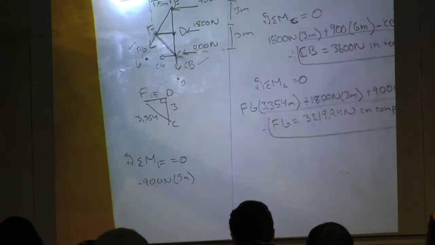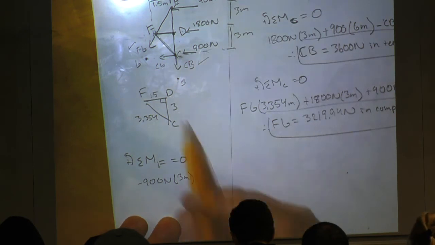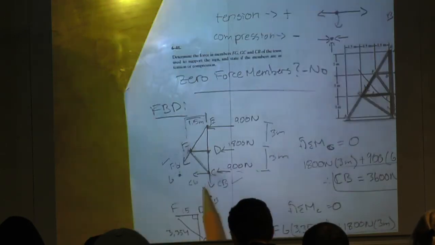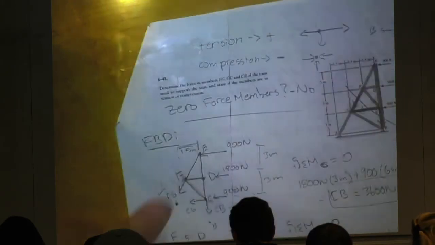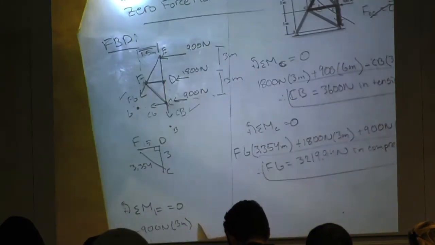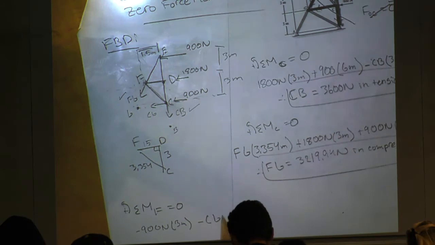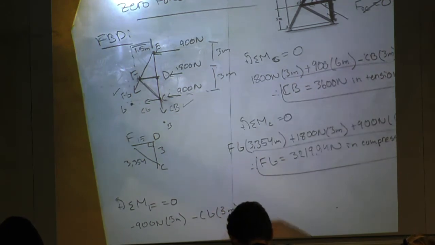I should mark this table so I see where the top and bottom are. 900. And then I'm going to look at my force CG, right? And I say that the same distance away and in the same direction, right? So I'm going to also have negative CG times 3 meters.